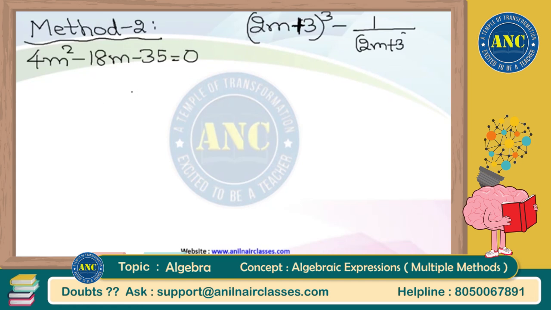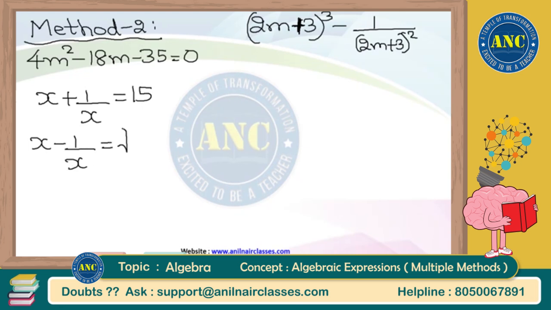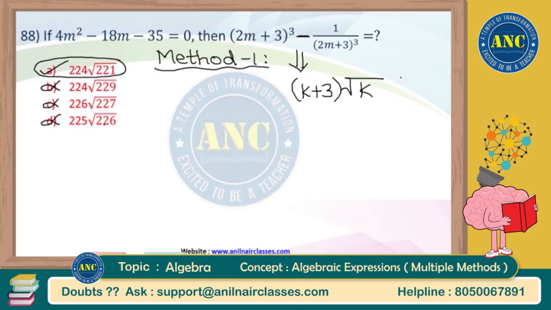What I can say is I knew the value of x plus 1 by x as 15, so I can easily find x minus 1 by x from this, which is the square root of 225 minus 4, which is the square root of 221. But the question is asking you to find x cube minus 1 by x cube. There is only one option with the root of 221. You can mark it instead of finding the entire x cube minus 1 by x cube.